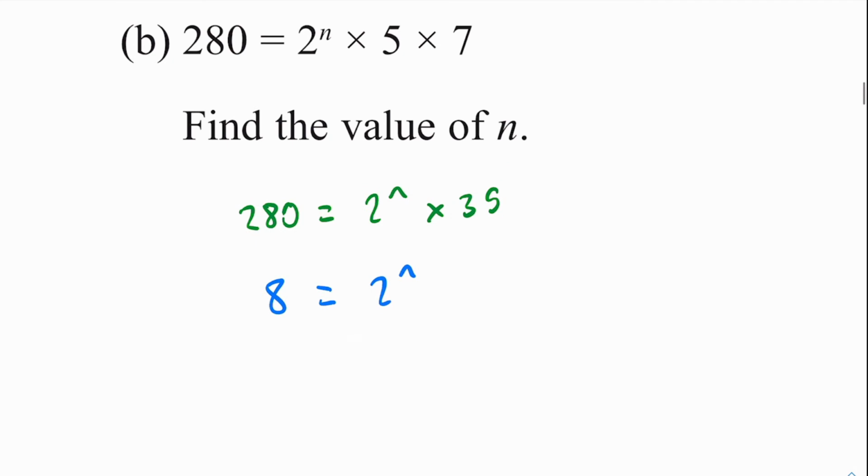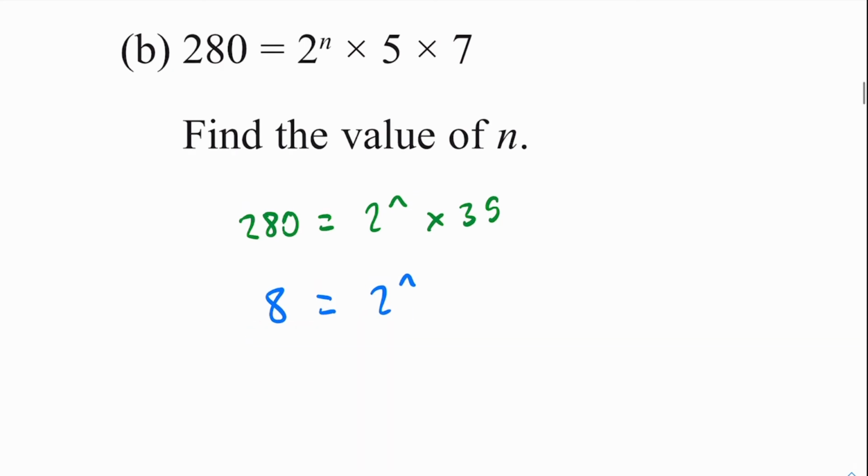Okay, so this time we can't tell from observation what n is equal to. Let's not rub that out, because we've got a base of 2 here and a base of 8 here. So for this question we need to think a bit outside the box and realise that if we have 2 squared, that is equal to 4, but 2 cubed is equal to 8. So we can rewrite our 8 here as 2 cubed.